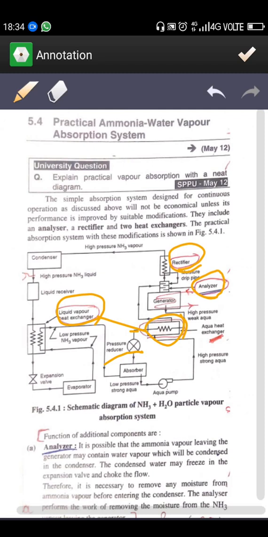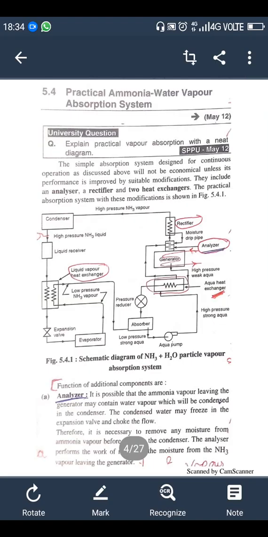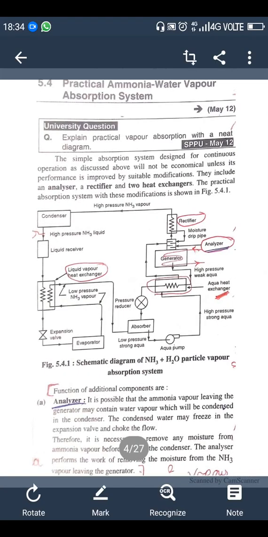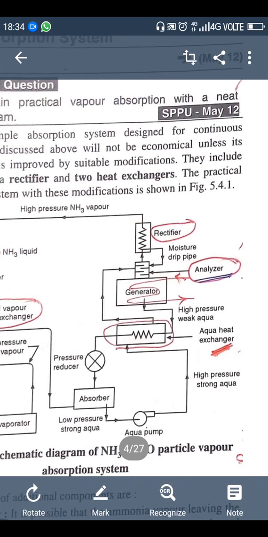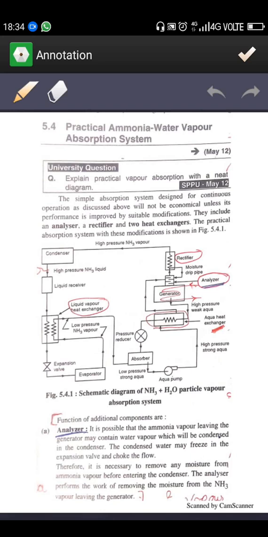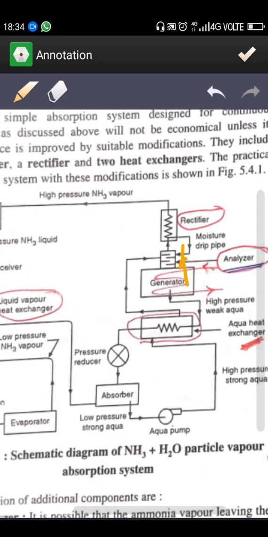Discussing these extra parts, I already explained that after the generator, if some liquid goes along with the ammonia vapor by this upward way, then there is one component we are joining here, which is the analyzer, which restricts the liquid refrigerant from going along with the vapor ammonia.